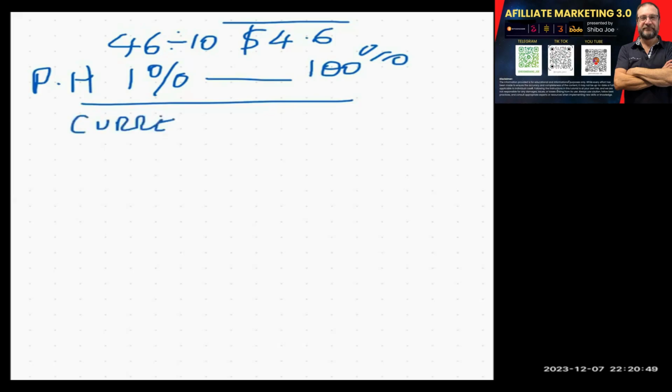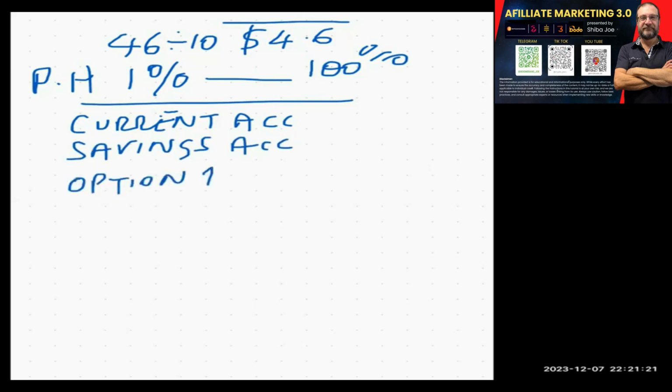And then you're going to need an extra account that you can call your savings account. Now, there are 2 ways in which you can configure your partial harvesting. The first way, option 1, is you can harvest based on your Bfuel amount.